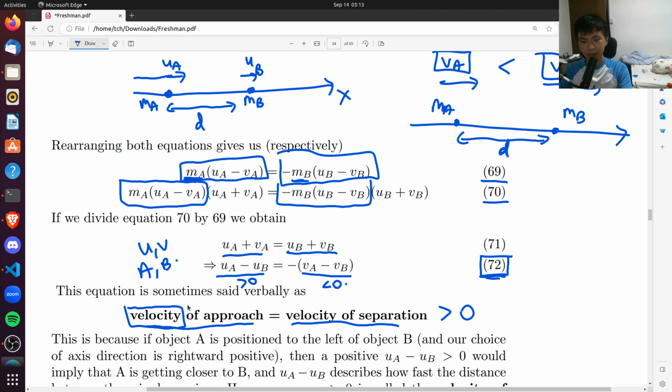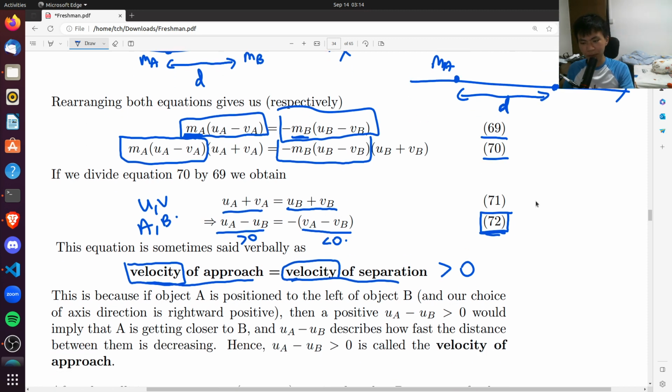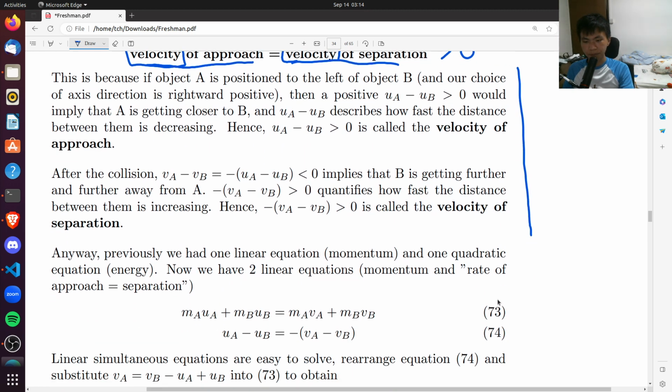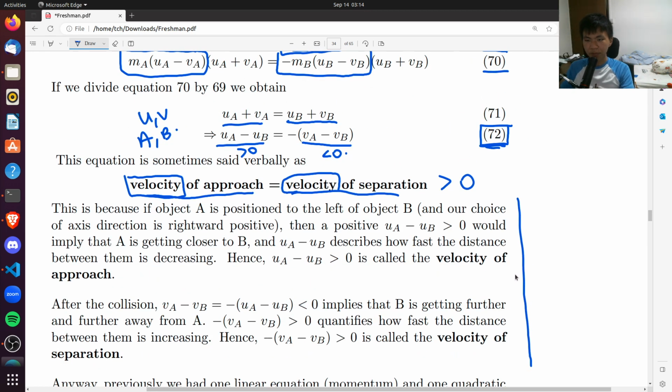So the word velocity here is commonly used, but I prefer to think of it as a speed or rate: rate of separation and rate of approach. To me, that's clearer. Okay, so over here I just basically elaborated what I said above, with equation 72.